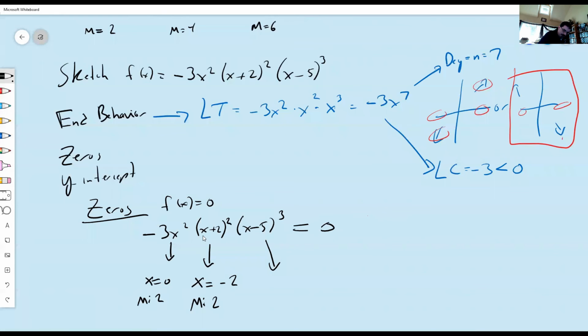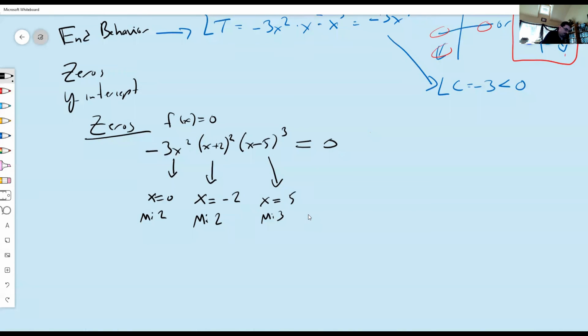And then x equals 5 with the multiplicity of 3. We'll note here, these are even multiplicities, so we're going to touch and turn, while this one here will go through. We will also flatten here at x equals 5 a little bit.